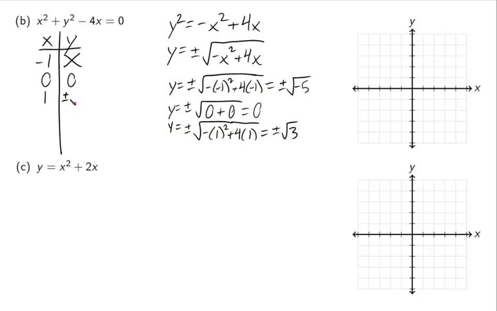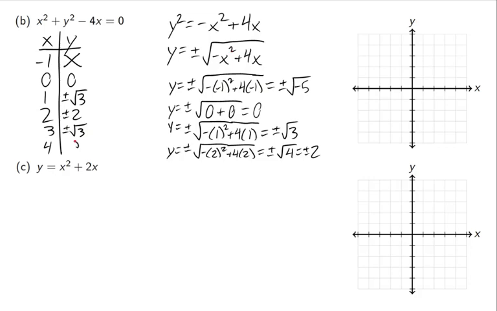So we get two different values here. At 2, plus or minus the square root of negative 2 squared plus 4 times 2. That's negative 4 plus 8, which is positive 4, so plus or minus 2. I'm going to do 3 and 4. At 3, I'm going to get plus or minus the square root of 3. And then at 4, 0.